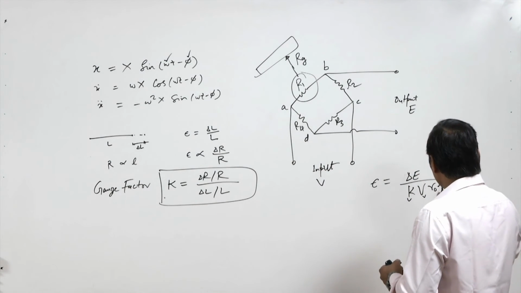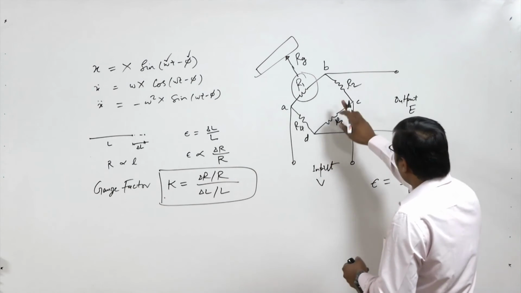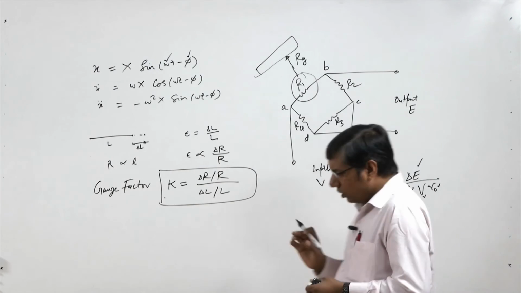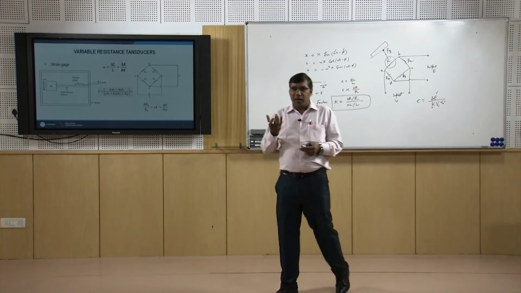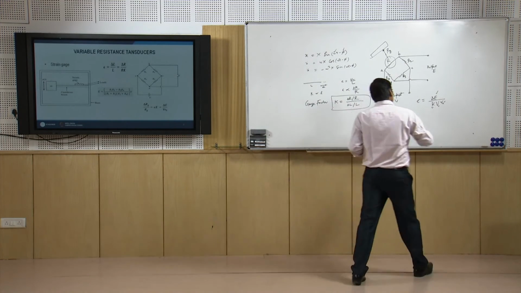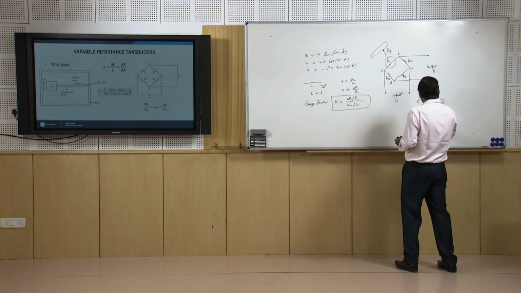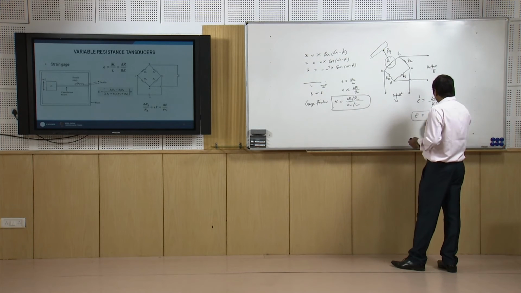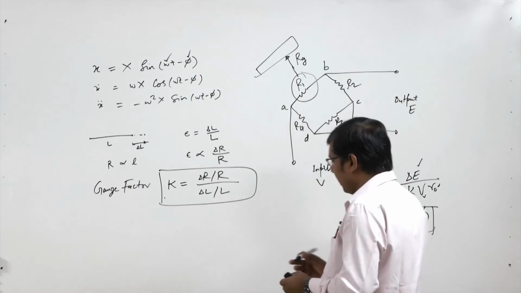R0 is some constant that depends on the resistances R1, R2, R3 and R4, and delta E is the change in the output voltage that we measure. We know this, and so we can know the strain, and this strain we can relate with X, and so we can measure X.